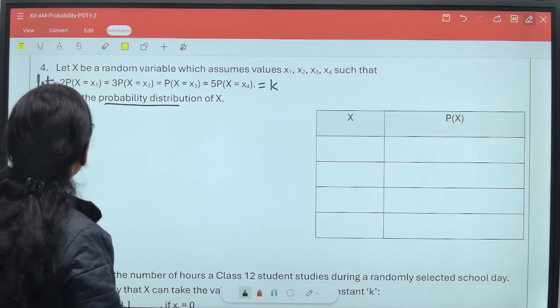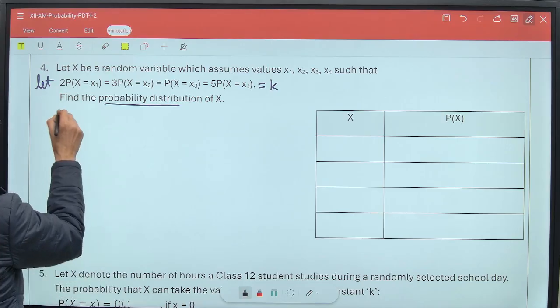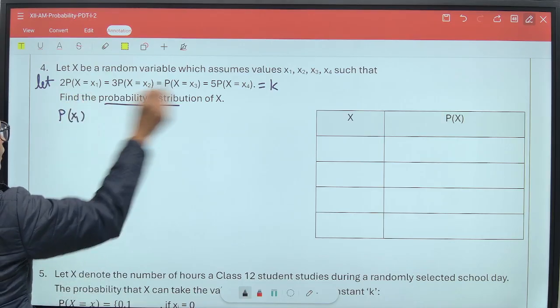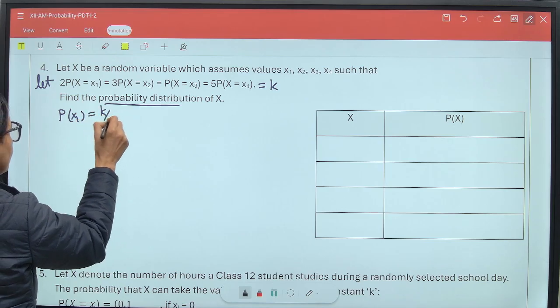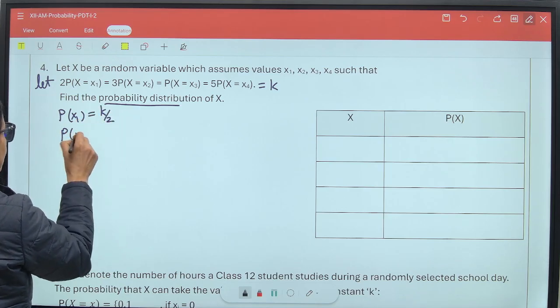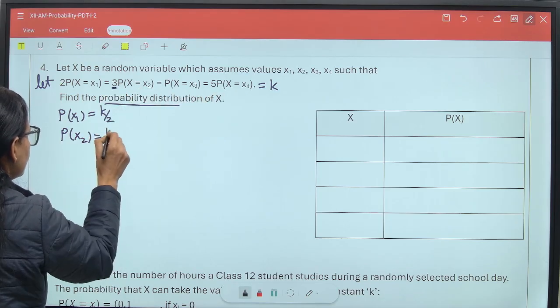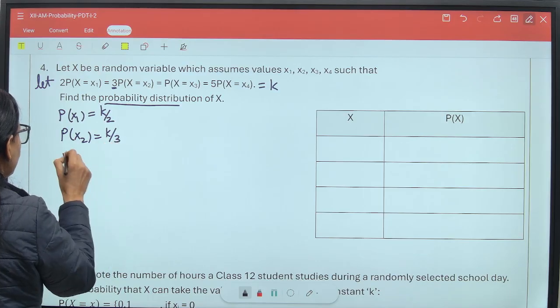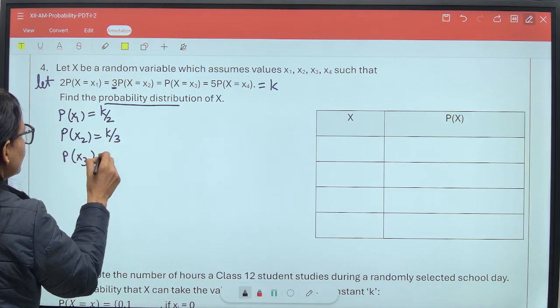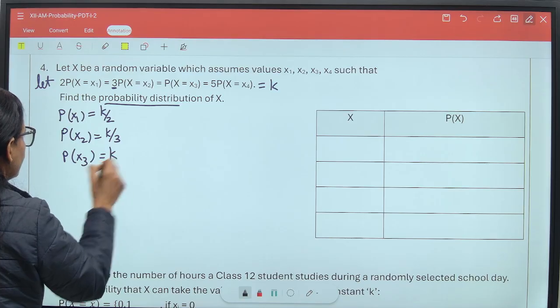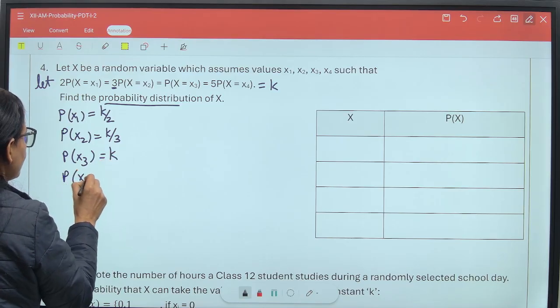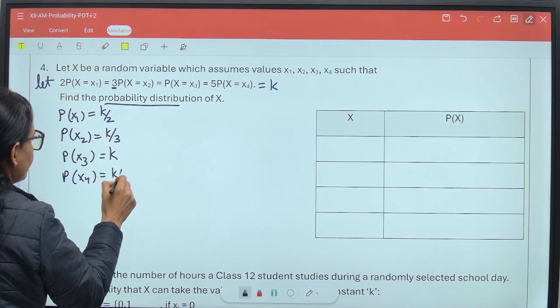Now what is the probability of x1 here? It becomes k upon 2. Probability of x2, it will be k by 3. It is 3 here. So k by 3. Probability of x3 is going to be just k. Probability of x4, k by 5.